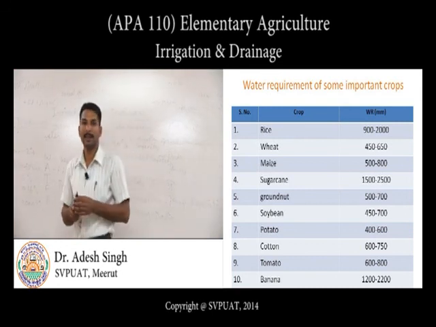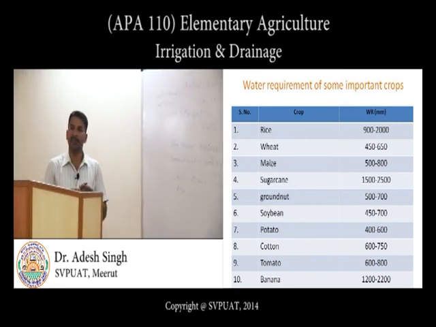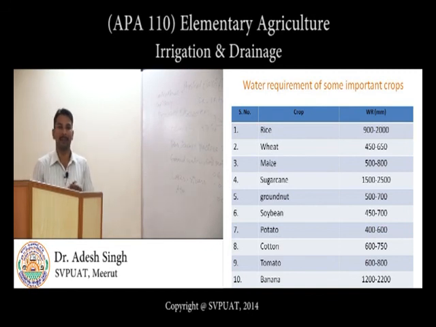So note down: rice 900 to 2000, the unit is millimeter.